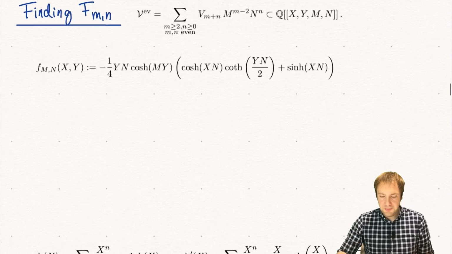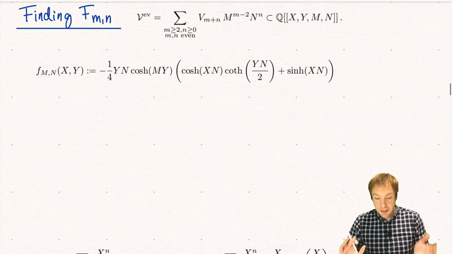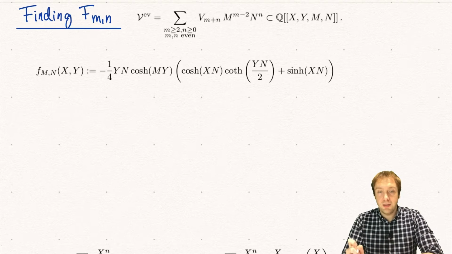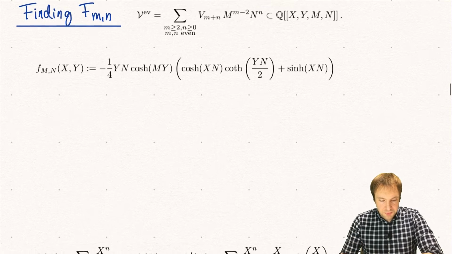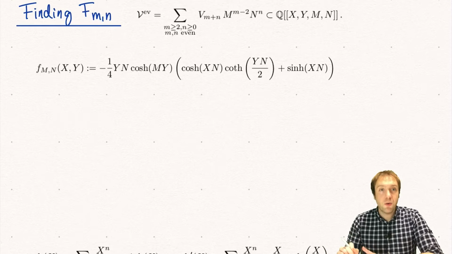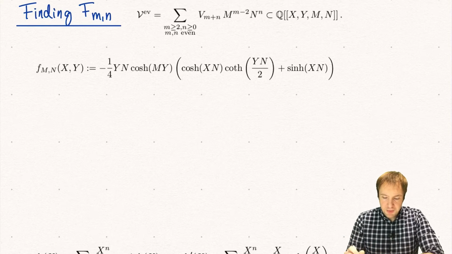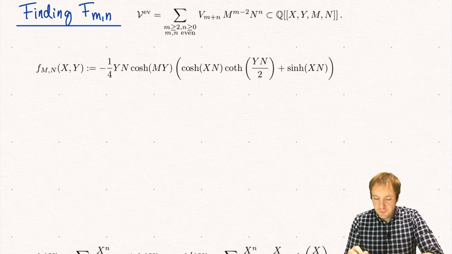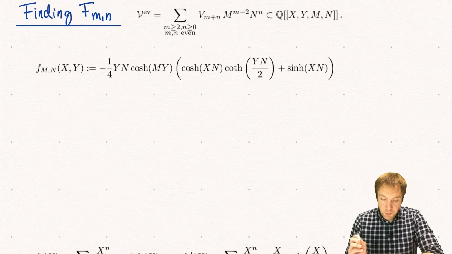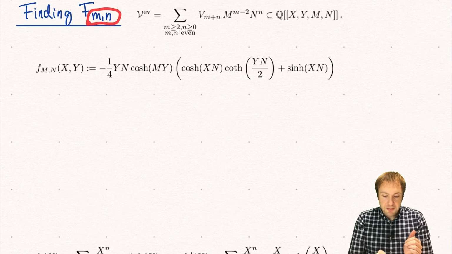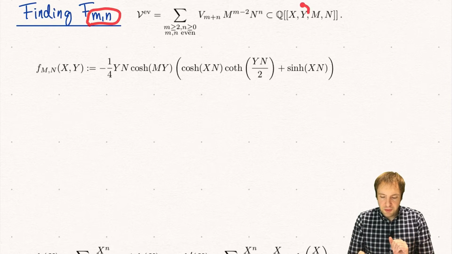And this can be done explicitly, and we want to do this for all m and n at the same time, for all weights. And to do something for all weights at the same time always means we want to work with generating series. So it's maybe a little bit confusing, but we want to find polynomials for each m and n, and these polynomials are polynomials in x and y.